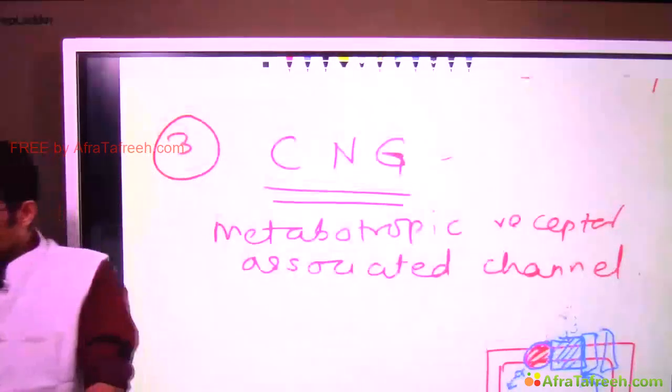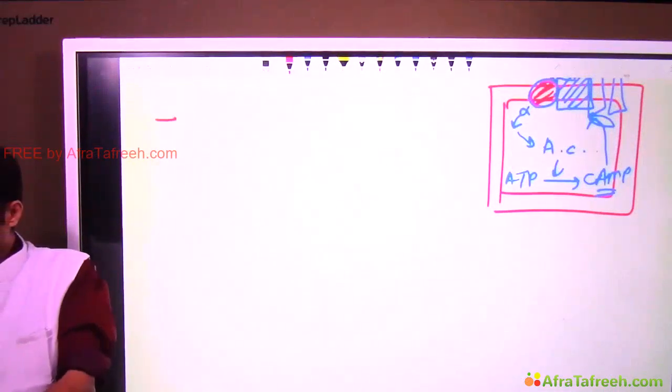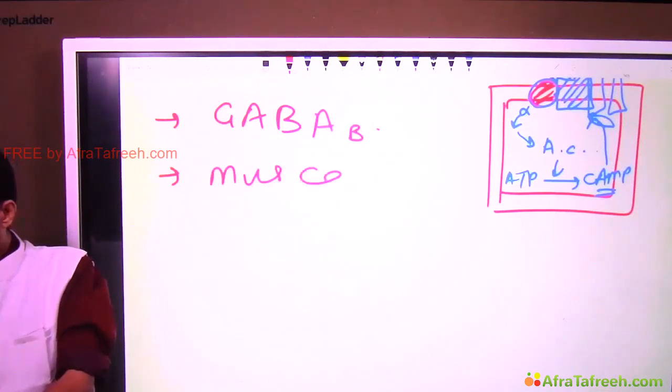What are the examples? Well, some examples we've already seen: GABA subtype B, muscarinic acetylcholine receptor.